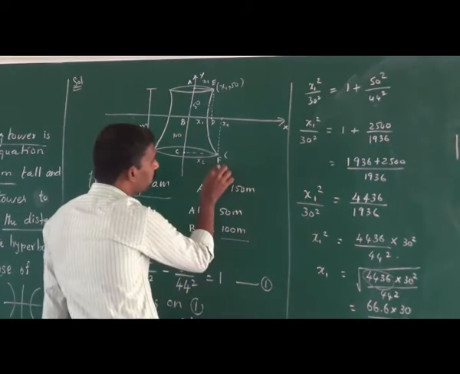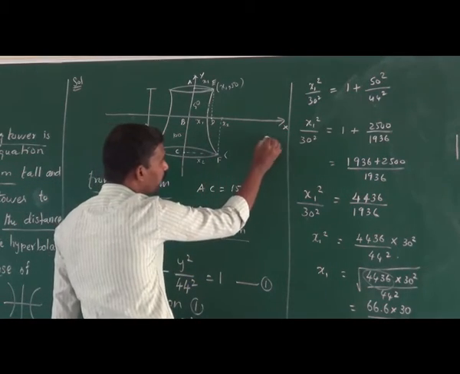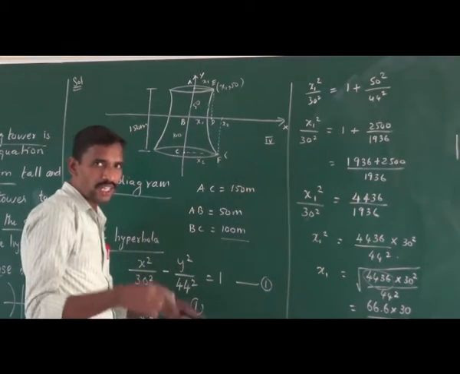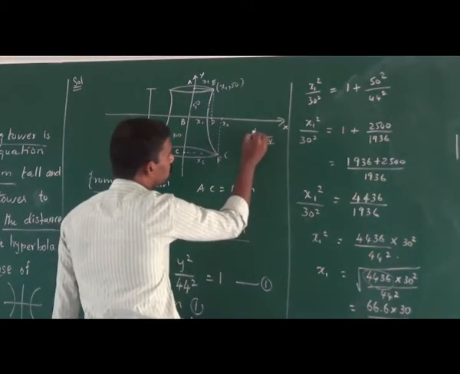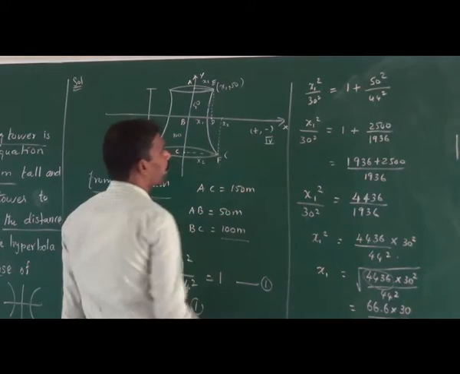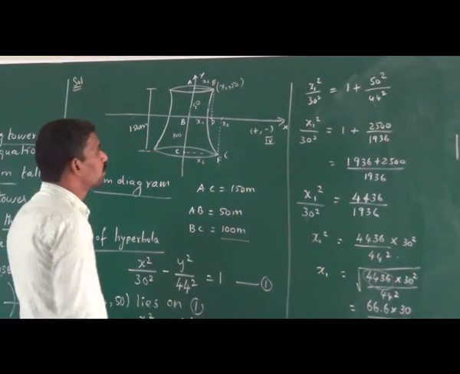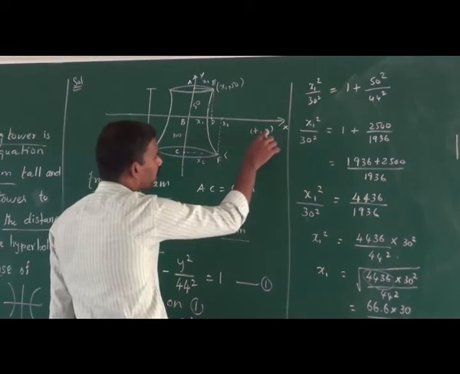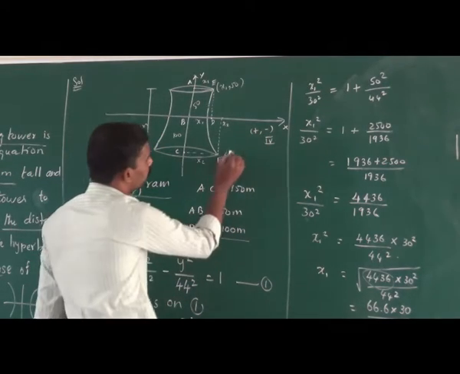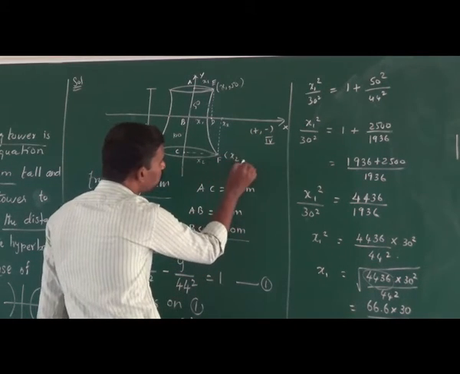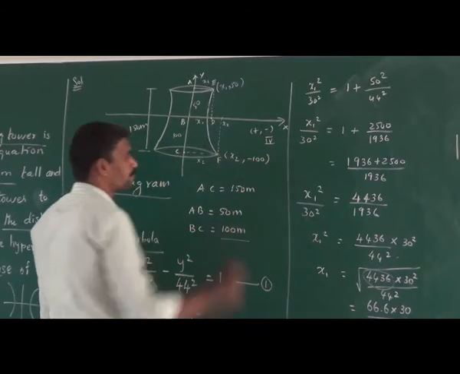But this F is the point lies in 4th quadrant. So 4th quadrant, the point always must be plus and minus. So x coordinate is plus, y coordinate should be minus.